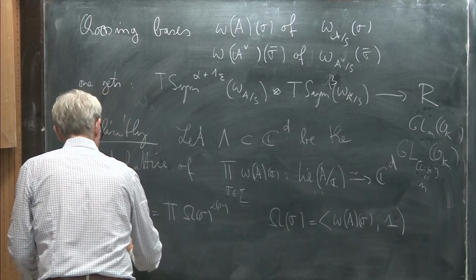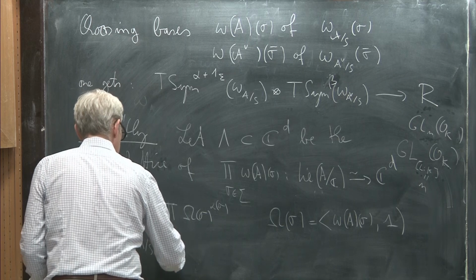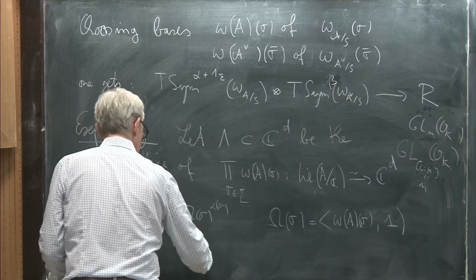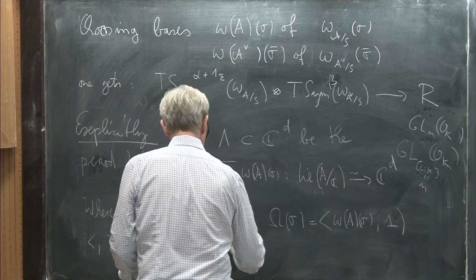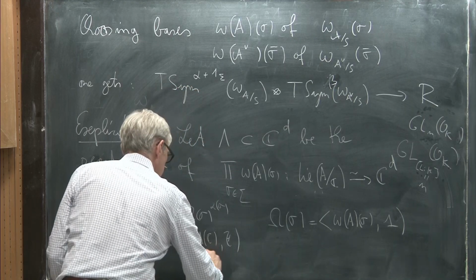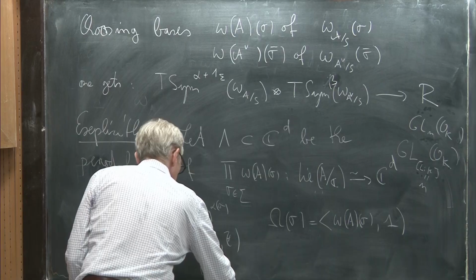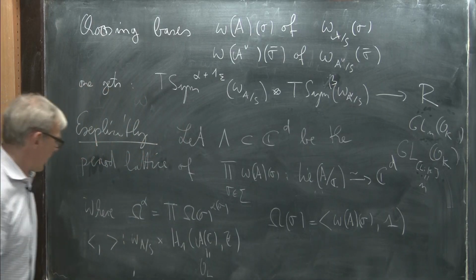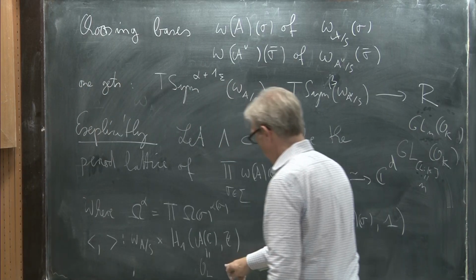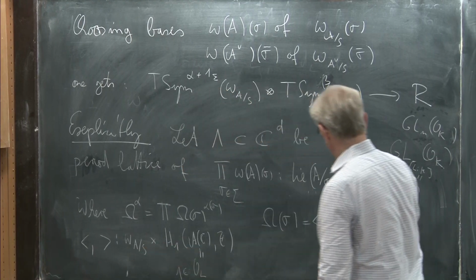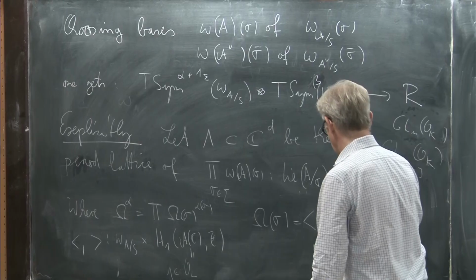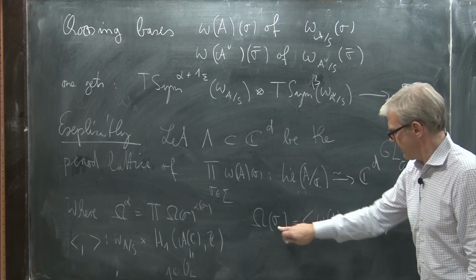So this is the period pairing of omega A with the first homology of your abelian variety with Z coefficients. So this is just the lattice which defines it originally, OL. And so here I have the element 1, and here I have this chosen section, and I evaluate this, and then I get this period.